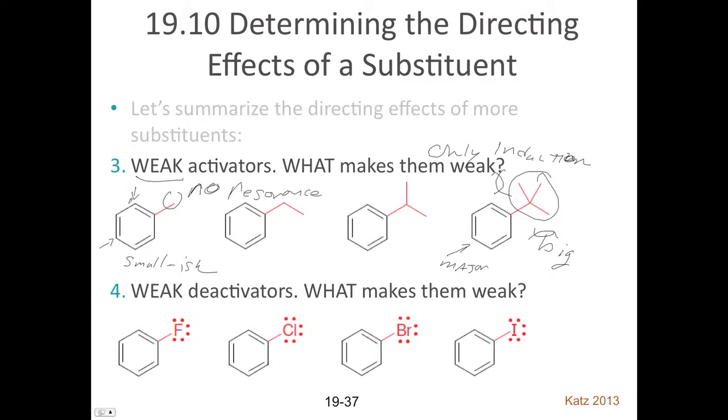So depending on how big the groups are, they might be more directed towards para, but if they're moderate to small size, you'll get ortho-para mixtures here. When you have a big group here, you'll have more major product in the para position. And as you go from large to smallish, more and more ortho comes in as this group gets smaller, because you have less and less steric hindrance involved.